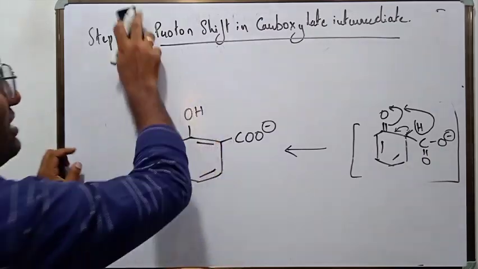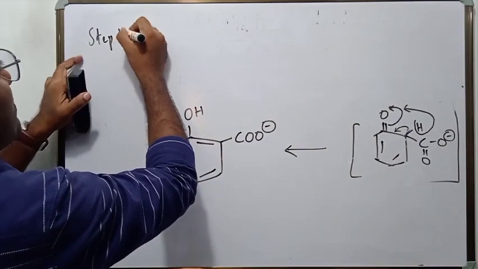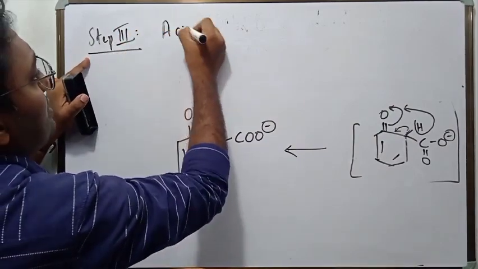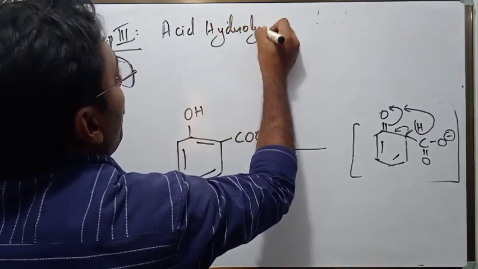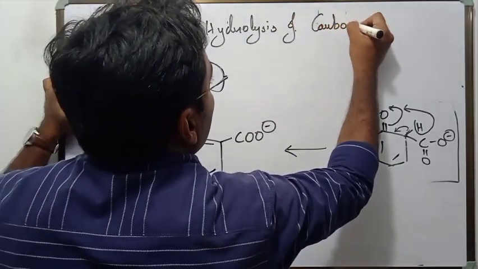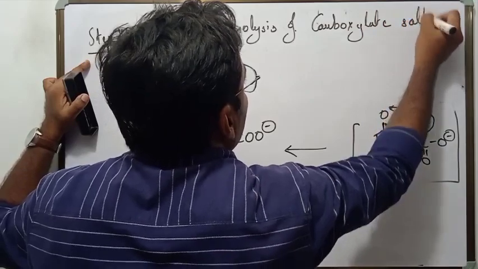Step number 3. Acid hydrolysis of carboxylate salt.